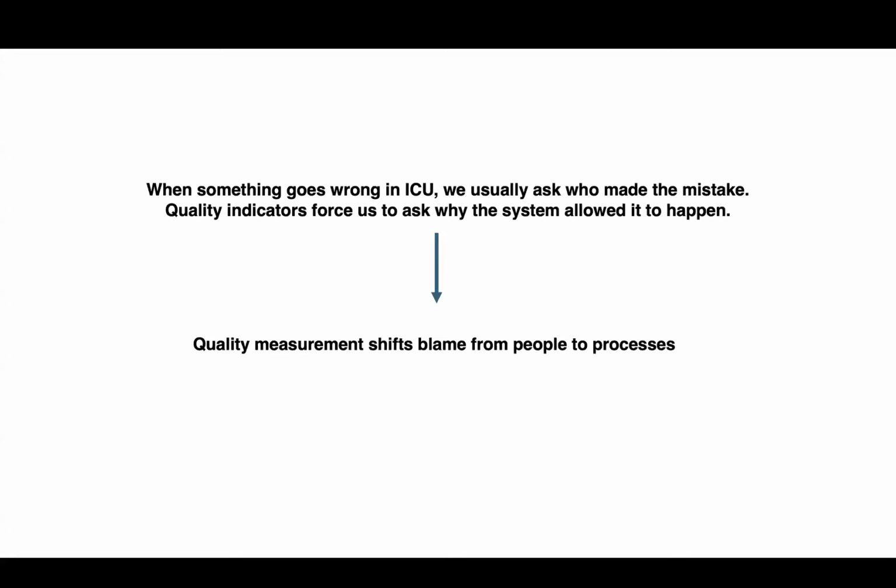When something goes wrong in the ICU, we usually ask who made the mistake. Quality indicators force us to ask why the system allowed it to happen. So this quality measurement shifts the blame from the people to the process. That is what you need to know about why quality indicators are important.